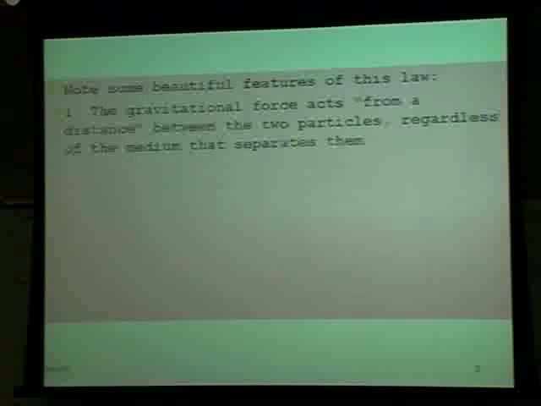Here's some beautiful features of this law. This gravitational force acts from a distance between the two particles regardless of the medium that separates them. So, for instance, one reason we're talking about gravity is the application for the universe, and in particular the solar system.